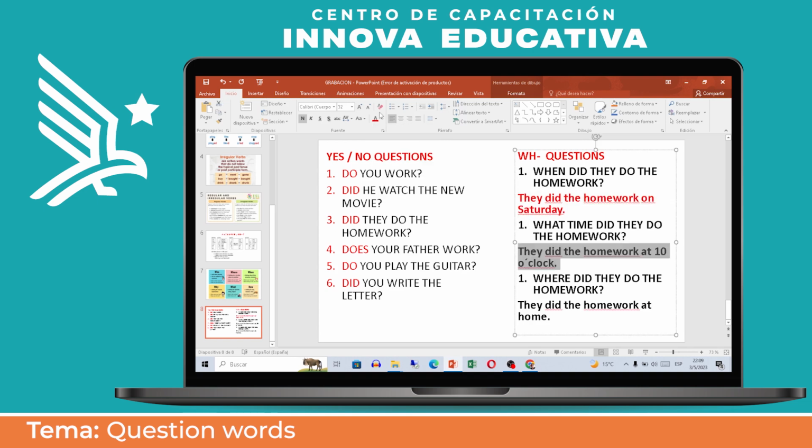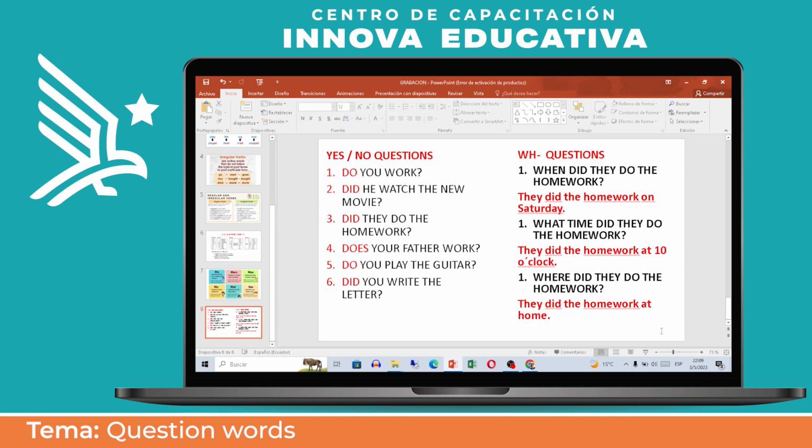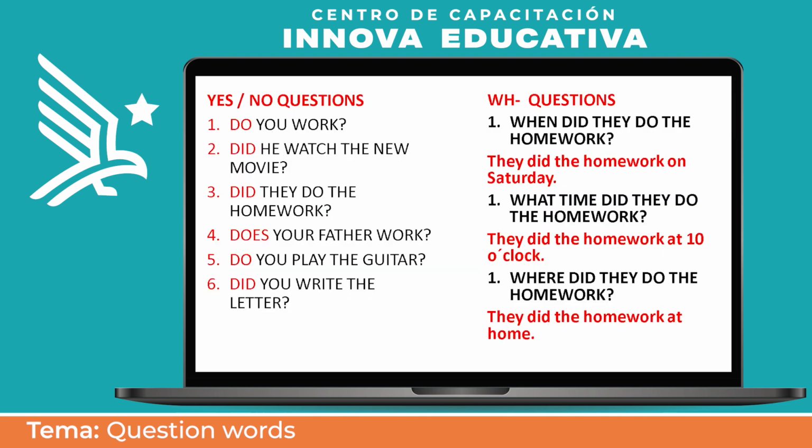Here we have the questions with the answers, in order to give a clear idea about how the question works. The number 3, did they do the homework? Yes, they did.